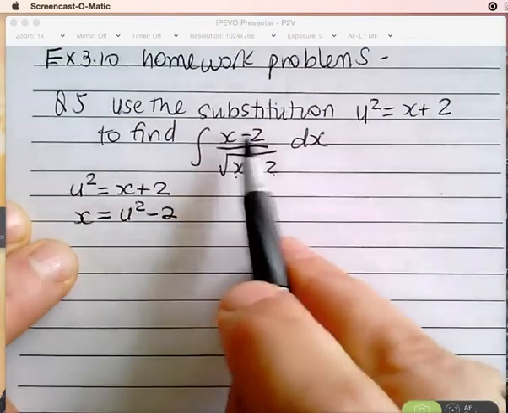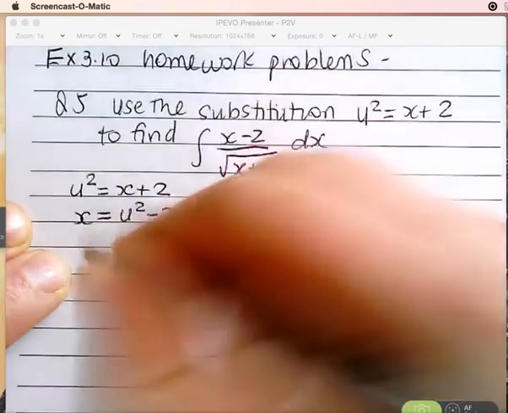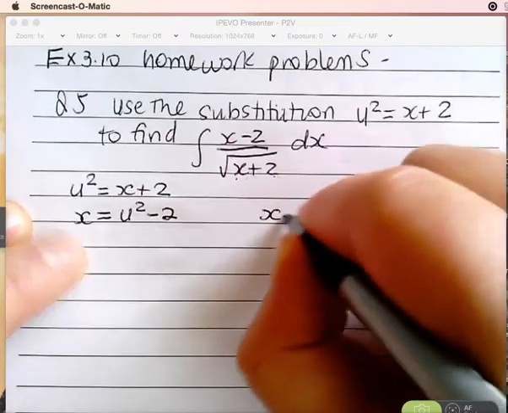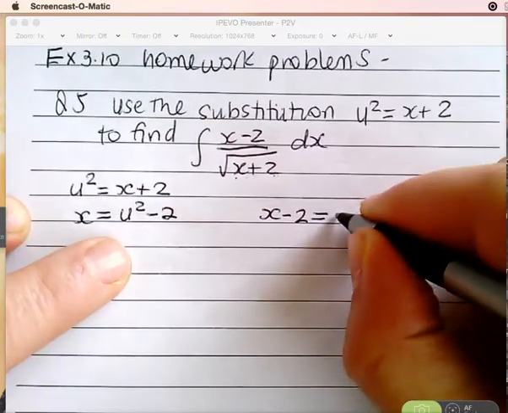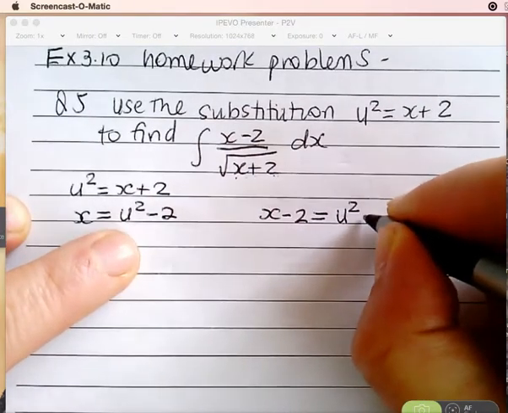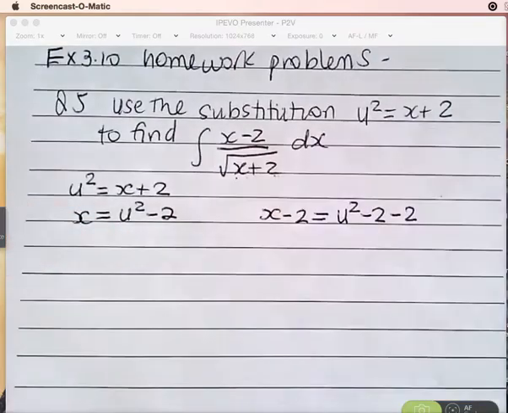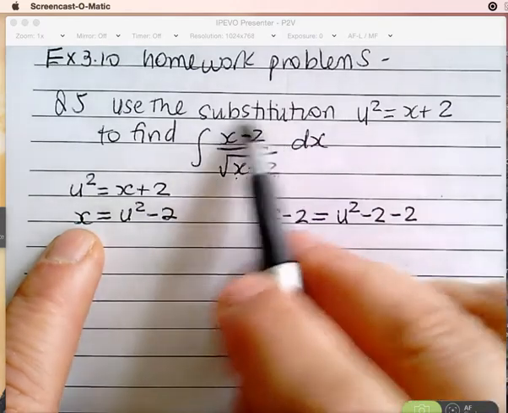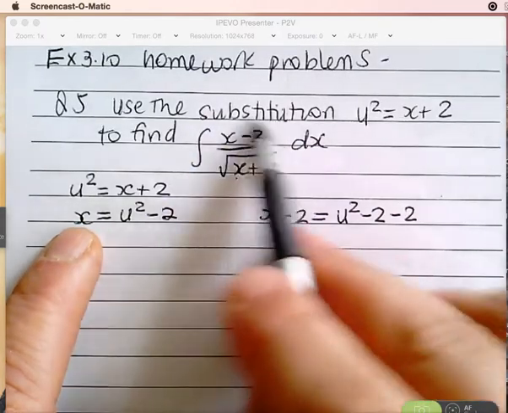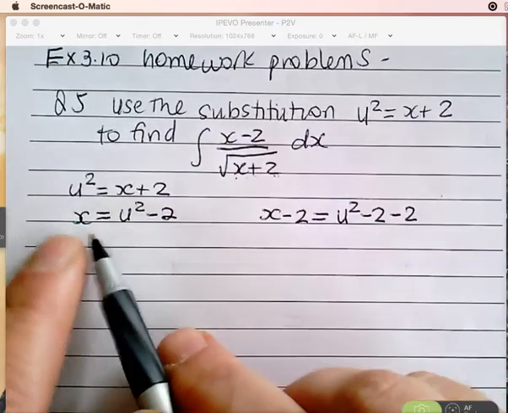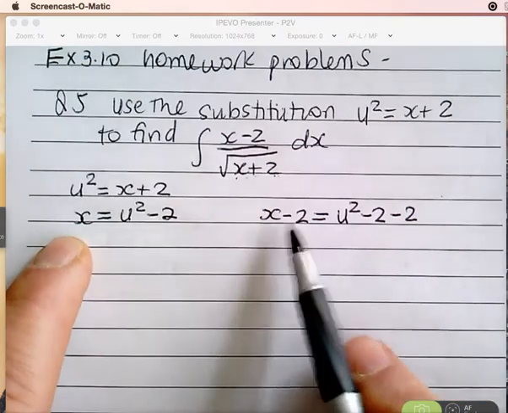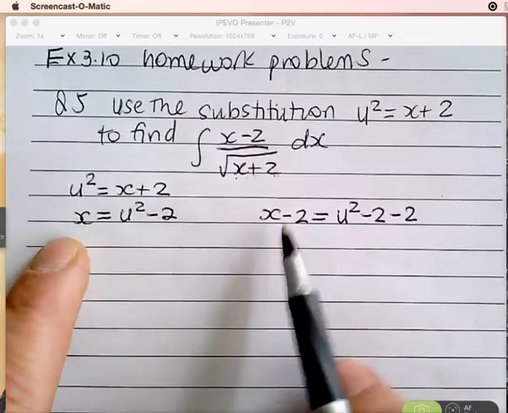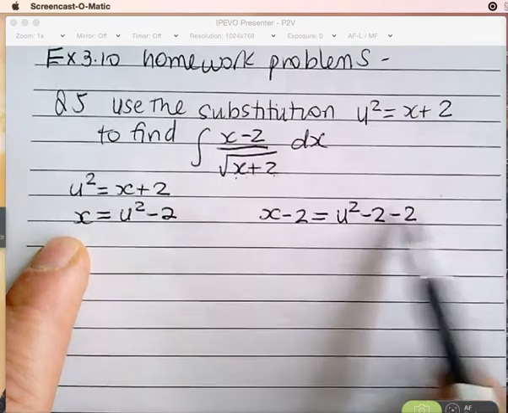So girls, tell me what x minus 2 is. Over here I'm going to write that x minus 2 would be u squared minus 2 minus 2. The reason I'm looking for an expression for x minus 2 is I need it on the top. If I take away 2 from both sides, I've got x minus 2.